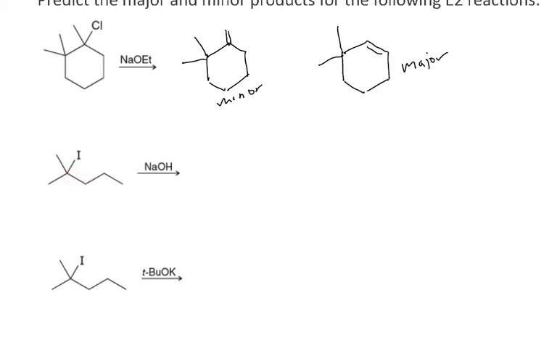So we have a couple different options. That would be pulling off the iodine and one of the hydrogens on this carbon, or I can get a double bond here.